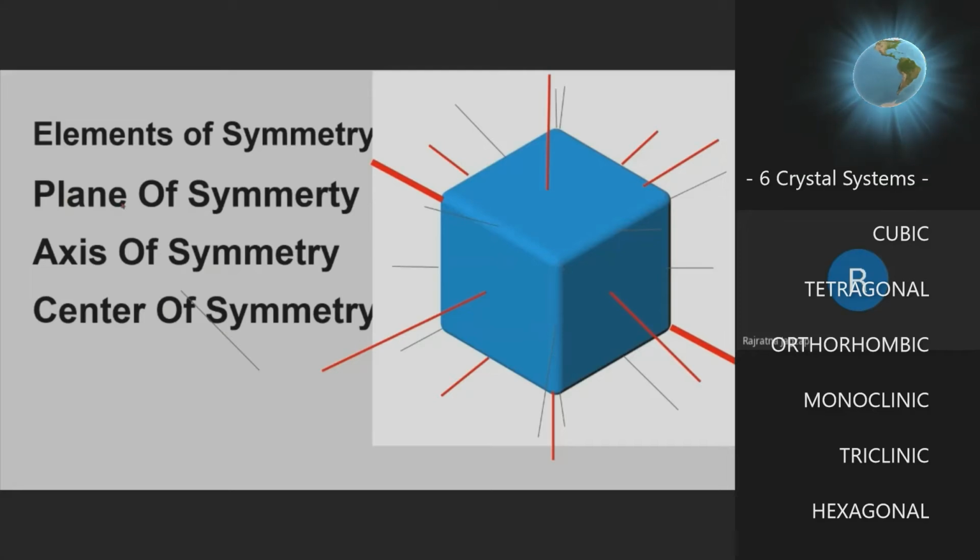The plane of symmetry is an imaginary plane which divides a crystal into 2 equal parts. Similarly, the axis of symmetry is an imaginary axis around which we rotate the crystal. If it is a vertical axis, you can see at the right hand side, going from center of face to center of face, rotate it.